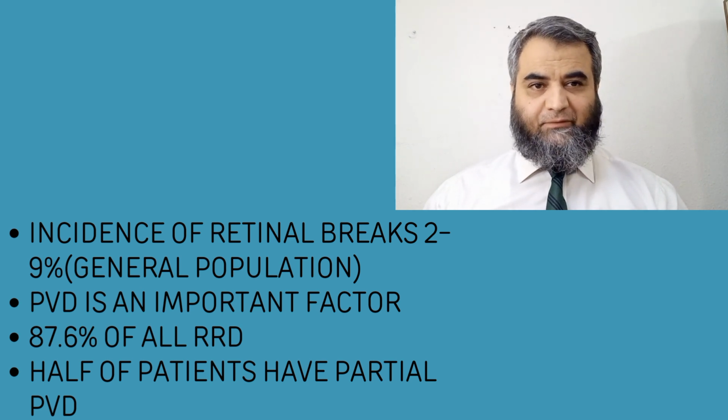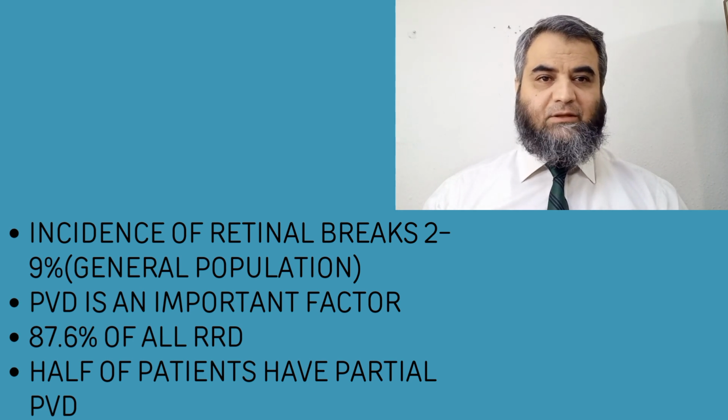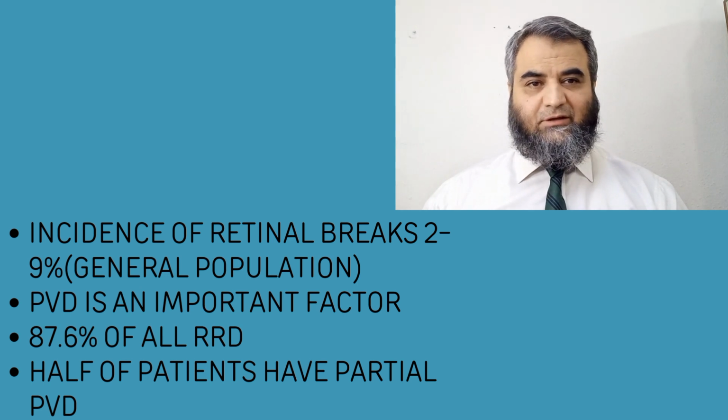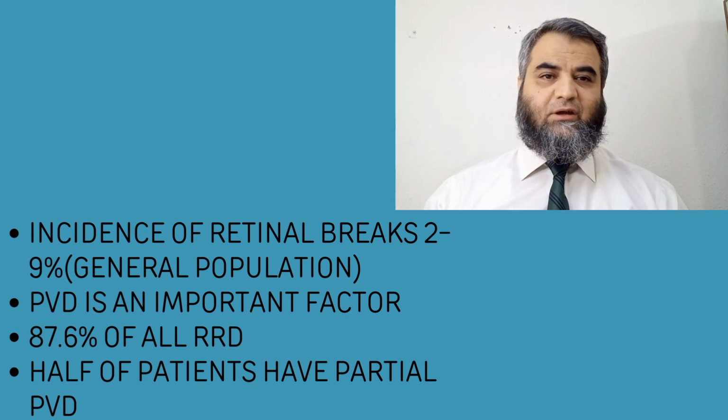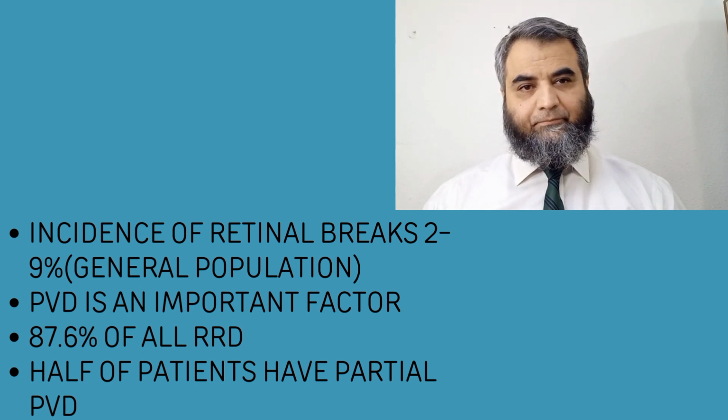So it is an important factor. It is because of the pull of the PVD, especially partial, that is a contributing factor. Once there is total PVD, there is no more pull on the retina and it is relatively safe. But whenever there is partial, there are high chances that there can be a break, there can be traction, and it can lead to the retinal break and ultimately retinal detachment.